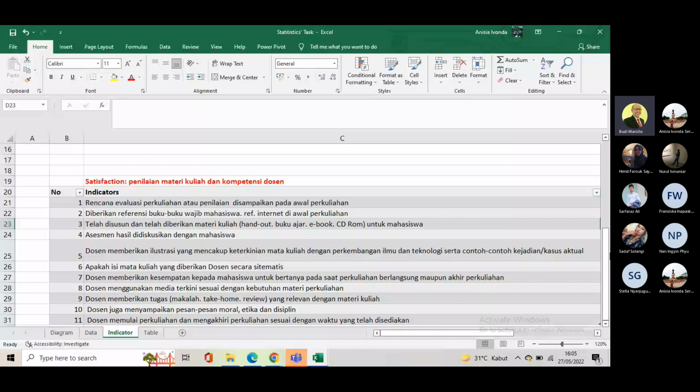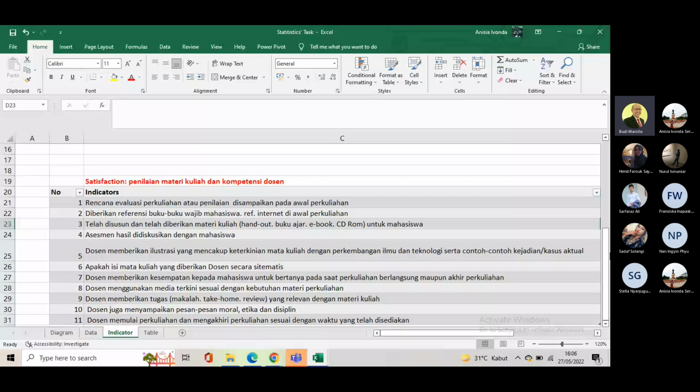So there is no contradiction, I think. Okay. You can translate these indicators, Mbak Anisha. After this, you can translate into English.